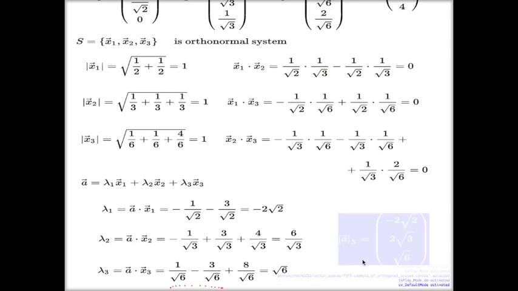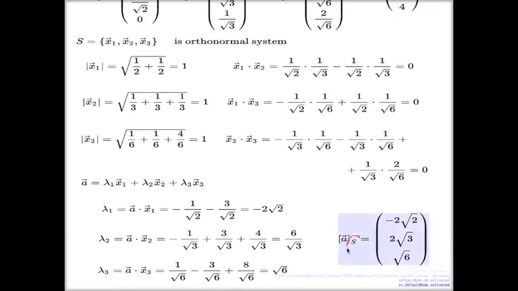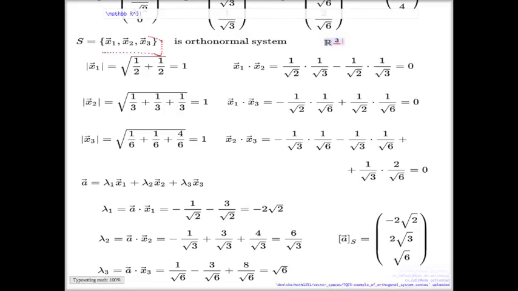So I can say now that the coordinates of my A vector with respect to S, which is a basis, it must be a basis, isn't it? Because it's a linearly independent system. It's the comparison theorem, by the way, the one which is proved today. Because we have three elements, and the dimension of R3 is 3.